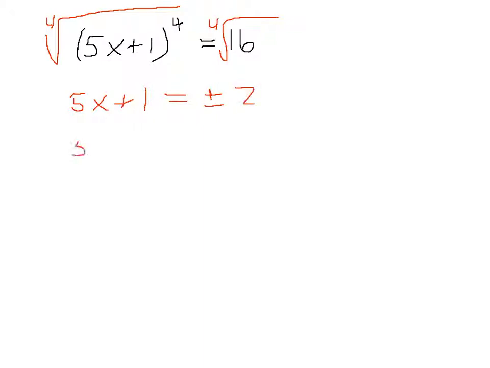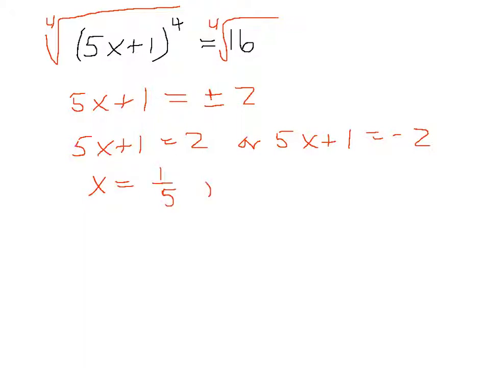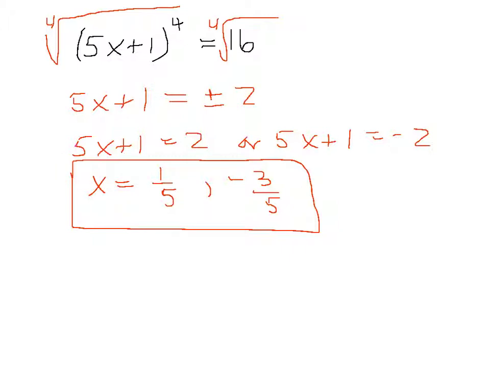So what that means is 5x plus 1 is equal to 2, or 5x plus 1 is equal to minus 2. And if I solve the first equation, I get x is equal to 1/5. And if I solve the second equation, x is equal to minus 3/5. And there are my two solutions to that equation.